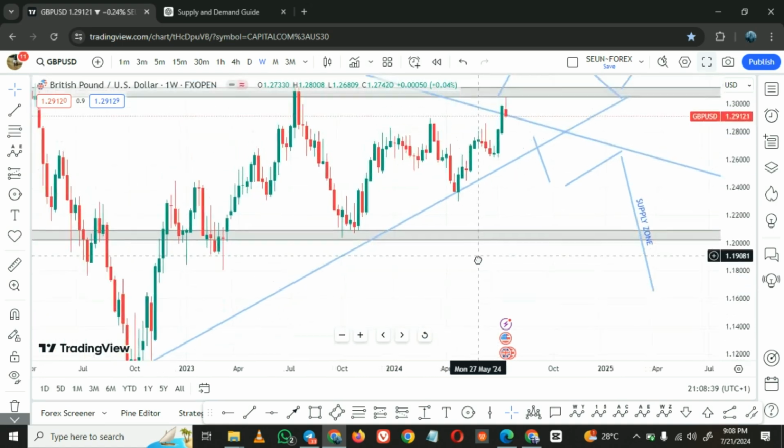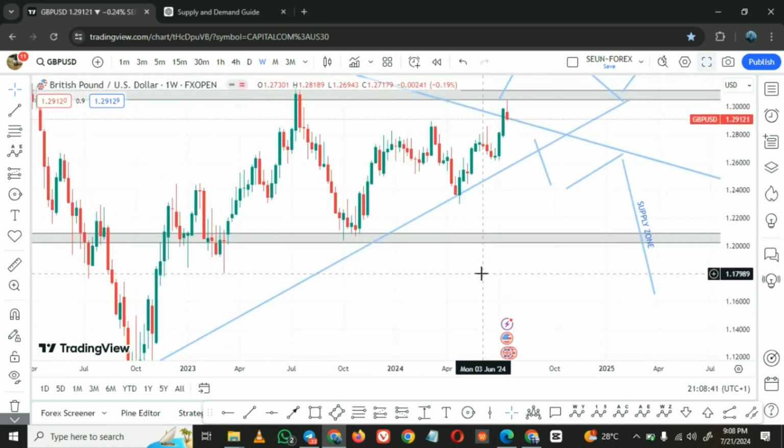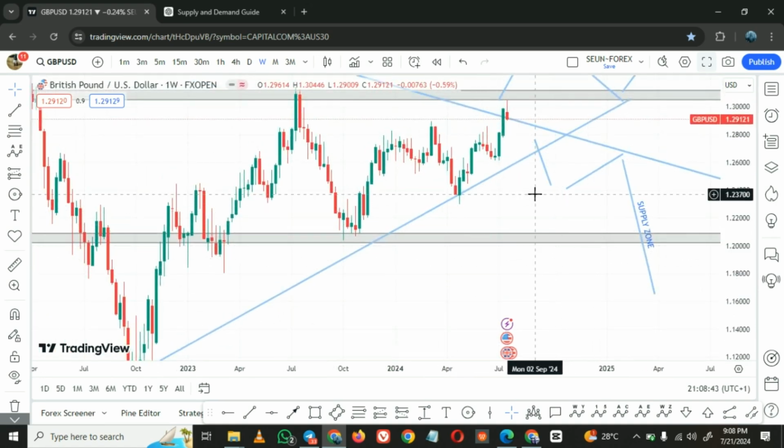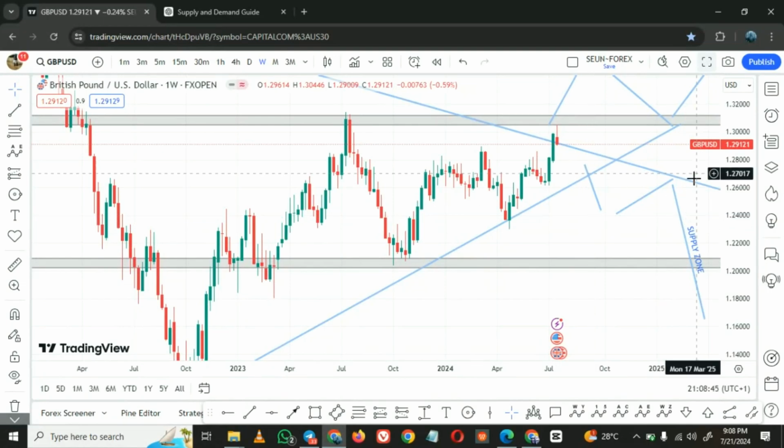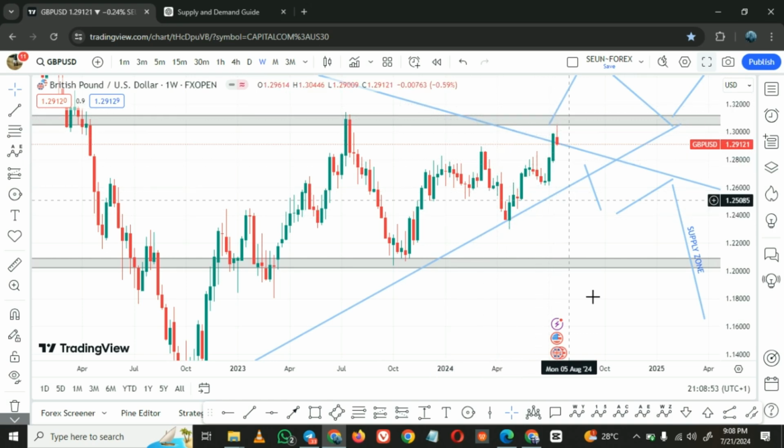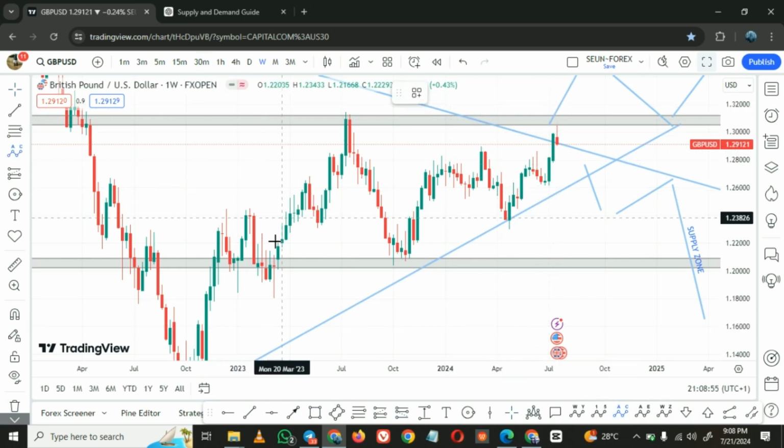Right now, this is the weekly time frame. For us to understand how powerful the supply zone is, market was moving lower high, lower low, lower high, lower low, lower high. Let me show you.